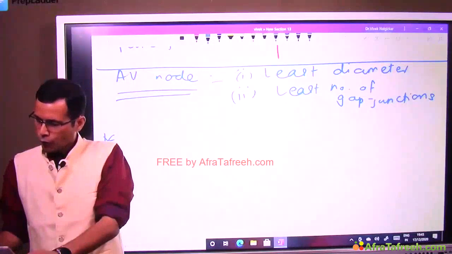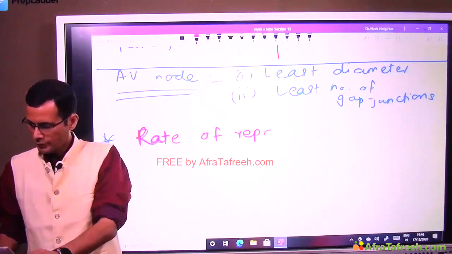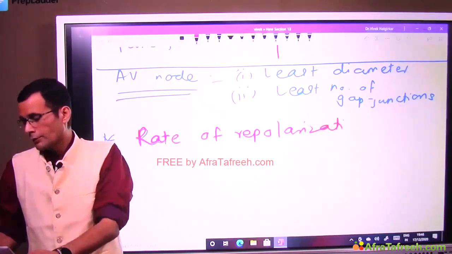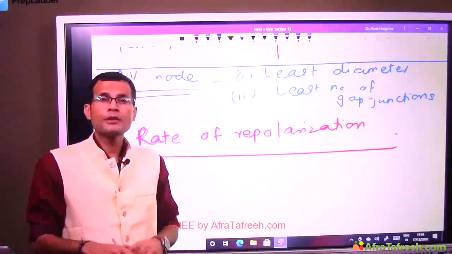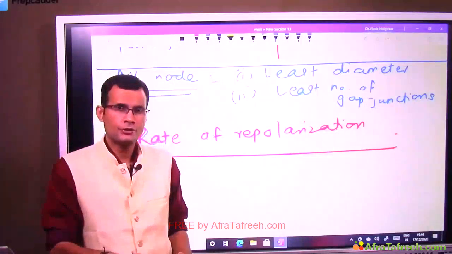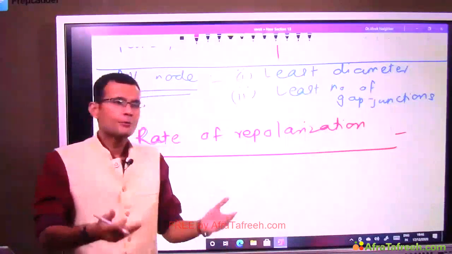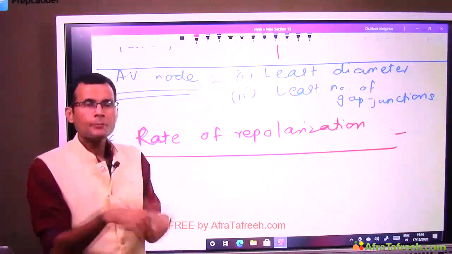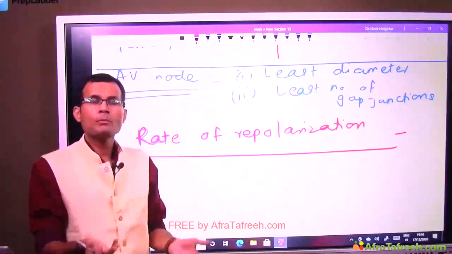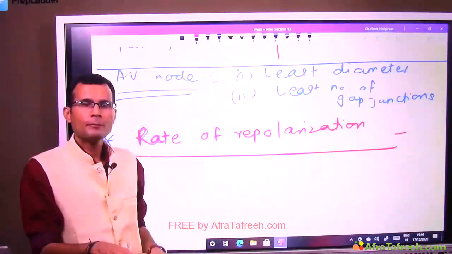Next, what is determined by the rate of repolarization? We have already said that repolarization should be seen as a recovery from excitation, right? So, if a part is rapidly recovering from every excitation, that means it can generate more number of excitations per minute. It can be excited at a higher frequency per minute.